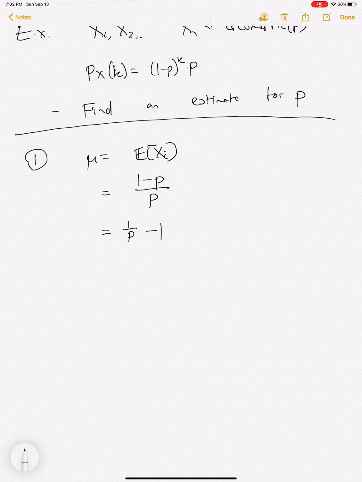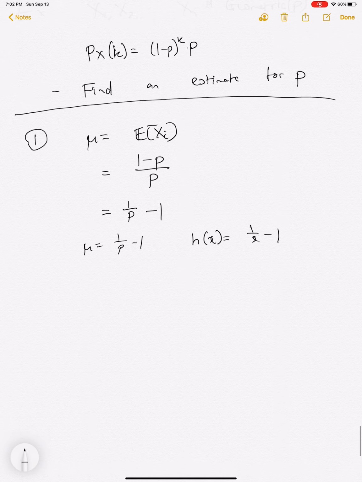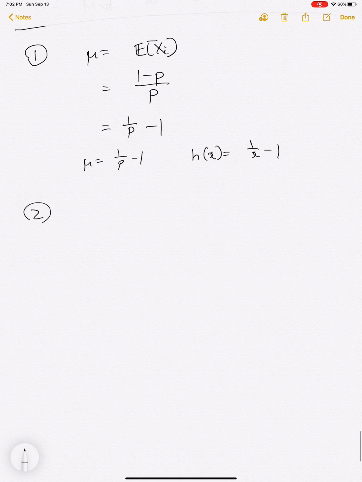So you have that mu equals 1 over p minus 1. So your h of x here is 1 over x minus 1. We want to invert this expression, so we find p in terms of mu.